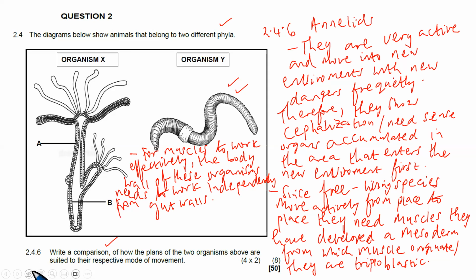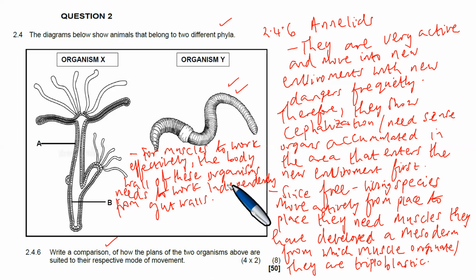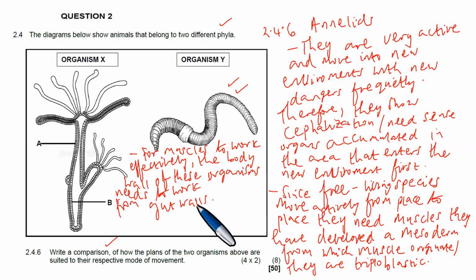We understand that these animals also have a gut, like the other living organisms. We're looking at the worms, and they have a gut as well. But for muscles to work effectively, the body wall, in other words the outer body covering, the wall of these organisms, needs to work independently from gut walls.